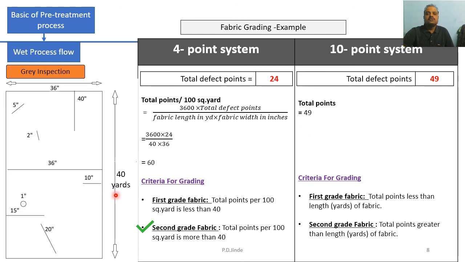Yes. So our second criteria is matched, and according to the 10-point system, this fabric is also graded as a second grade fabric, right? So as far as the grading system is concerned, with this example, I think you understand how the grading system works and how to allot different penalty points according to the 4-point system and 10-point system.